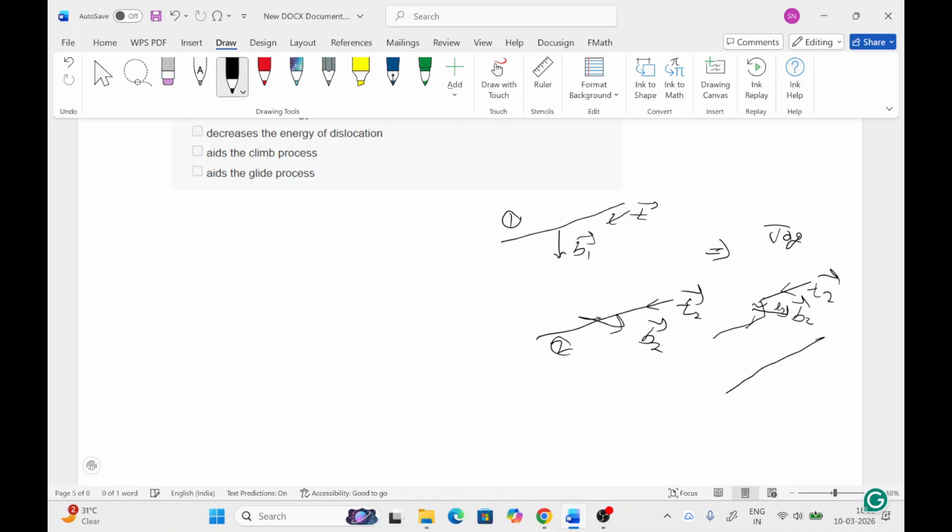The characteristic of a jog is that this is a single plane, and when it displaces, it creates a step after the plane.